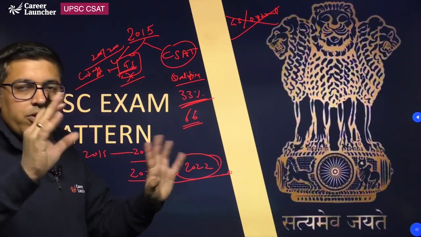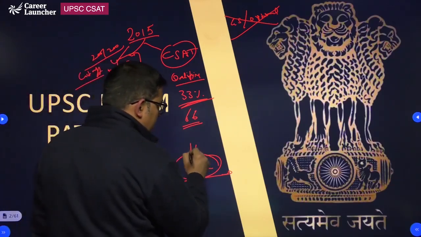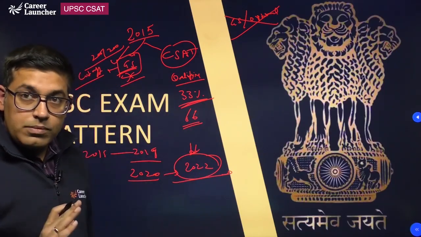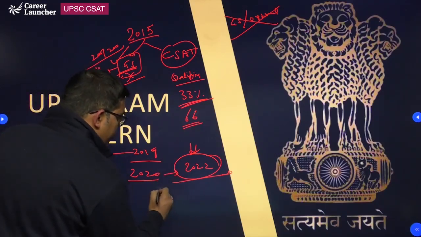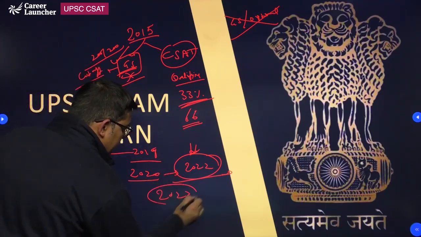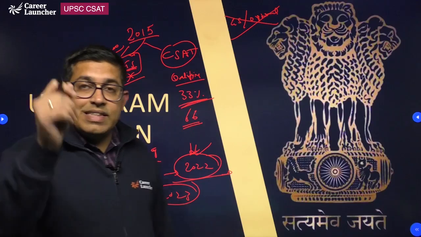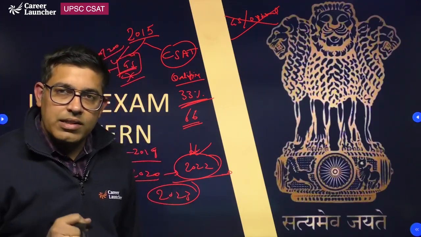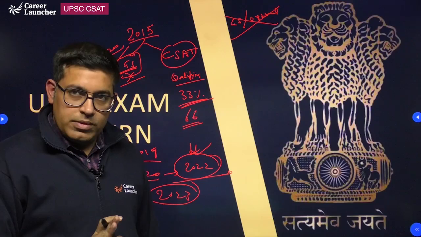This is the pinnacle of difficulty level. UPSC made the most difficult paper ever, and probably this is it. But then in 2023, another surprise: UPSC surpassed the difficulty level of even 2022. If you go and see the 2023 actual UPSC CSAT paper, this is the most difficult till now.